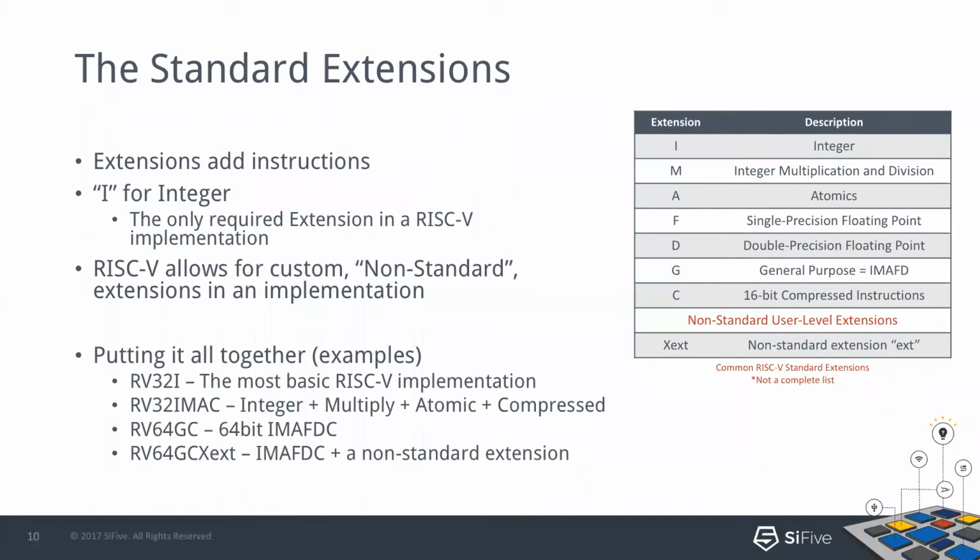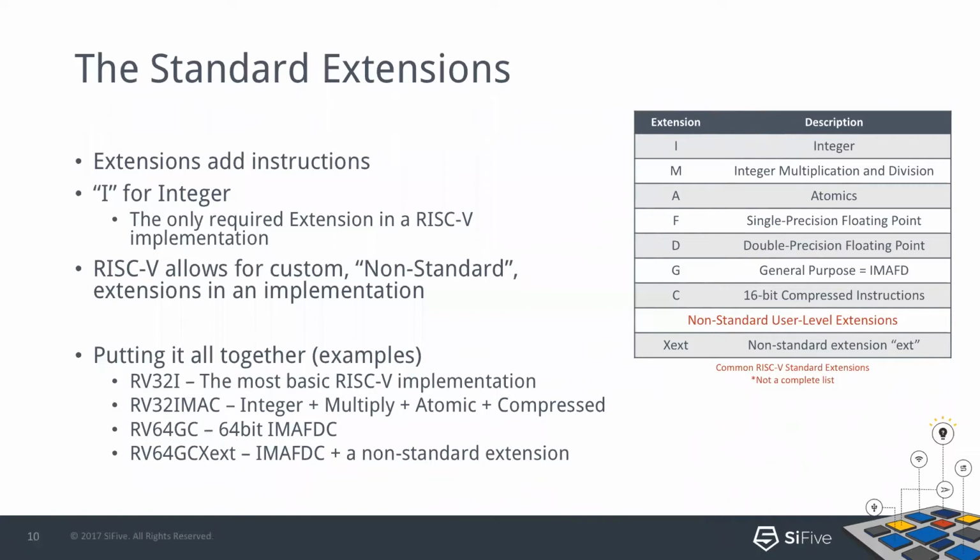If we put all this together, the RV32I ISA name is the most basic RISC-V implementation, a 32-bit architecture that only supports the integer instruction set. RV32IMAC builds on that by adding the multiply, atomic, and compressed instructions.